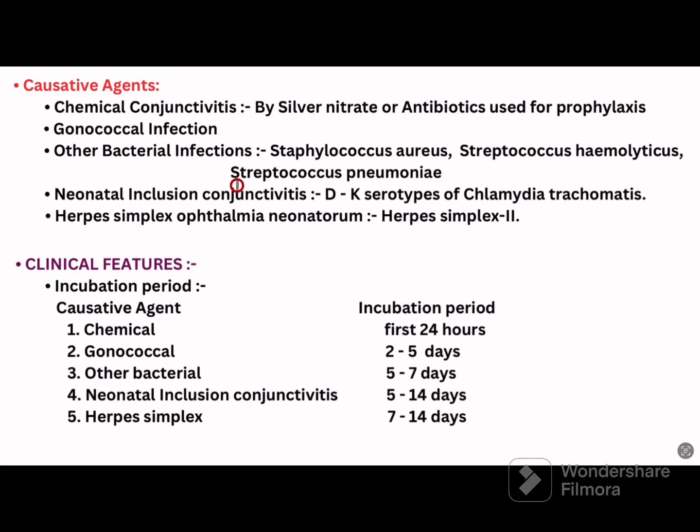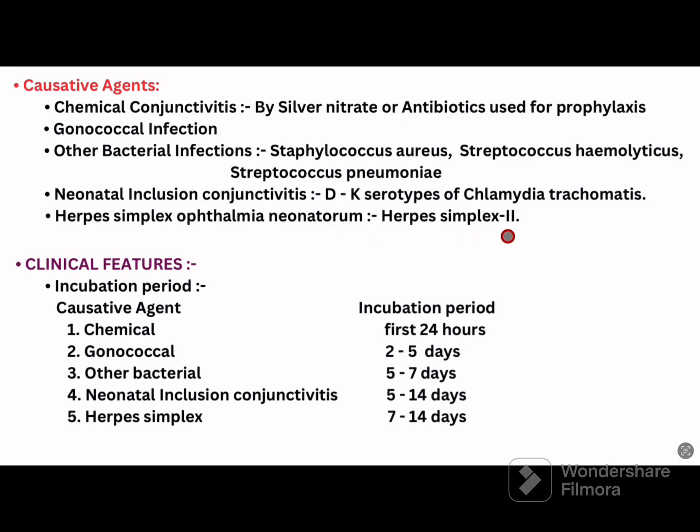Then what are the other bacterial infections that can cause them? Apart from gonorrhea, they are Staphylococcus aureus, Streptococcus hemolyticus and Streptococcus pneumoniae. How about the viral cause? It is nothing but the herpes simplex ophthalmia neonatorum, which is caused by herpes simplex 2. It is also rare.